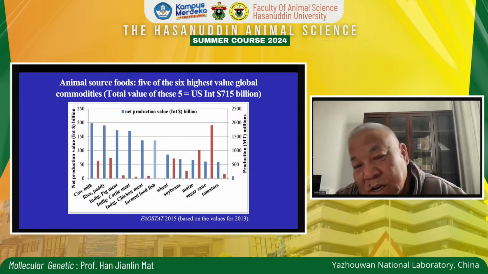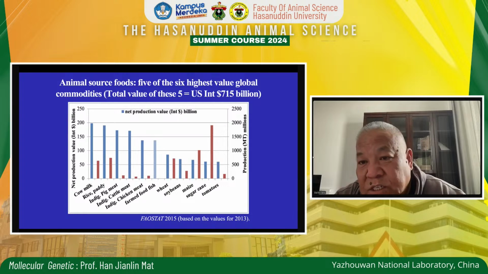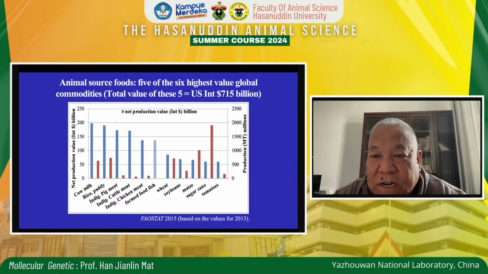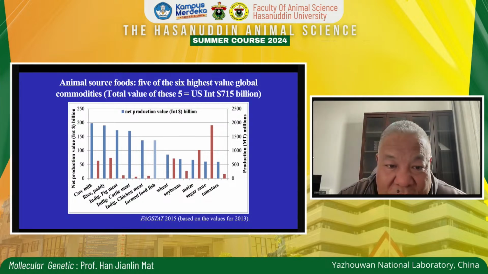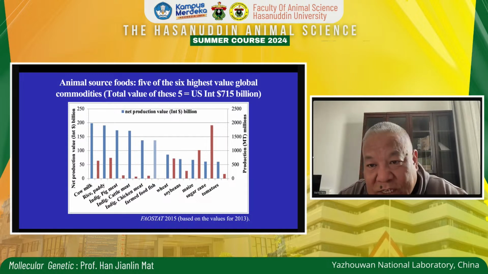I think many people know that in Indonesia, government will invest much more money in research on rice, not cattle, because on the government side, they believe rice is more important, the staple food for everybody. But if you look at the commercial value, livestock is more important than rice. So this is the way you can argue that what we are doing is much more important. We should get more attention.